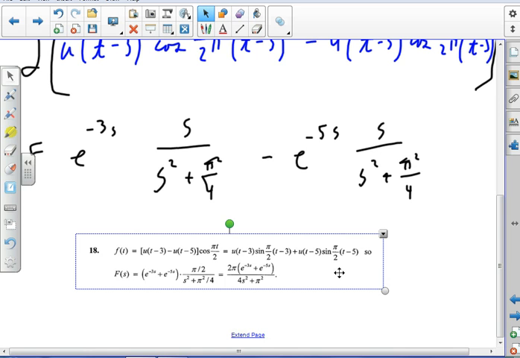Okay, the 4.5 problems. So they didn't go to sine at the top of page 307. They kept it in cosine. And why are they pi over 2?